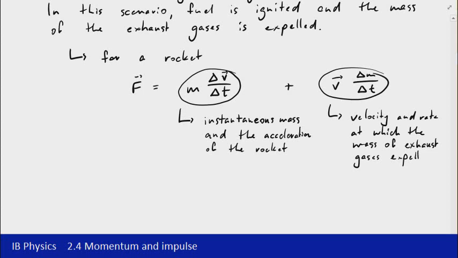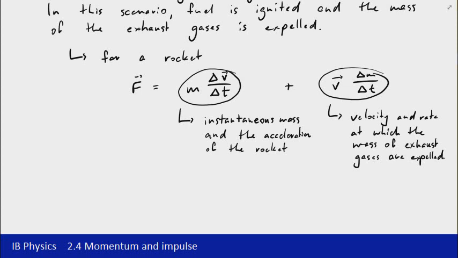So the velocity at which the exhaust gases are expelled and the rate at which the mass of the exhaust gases are expelled. I should say are expelled. So we now have a more complete picture of what's going on when we deal with force and change in momentum, and in particular where we've got a changing mass.